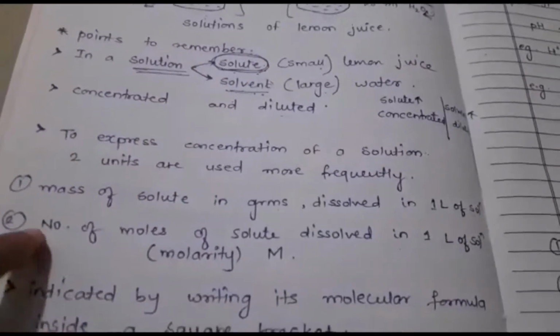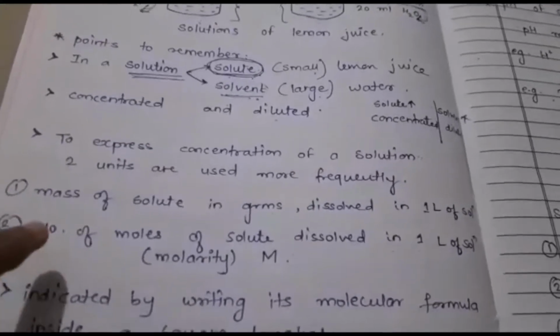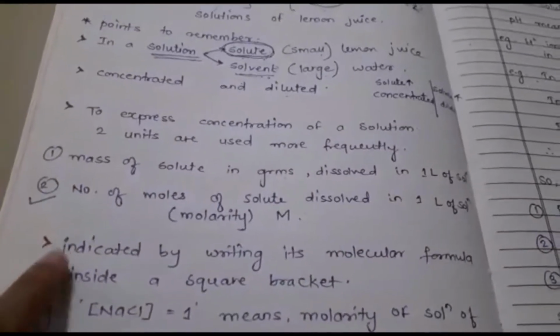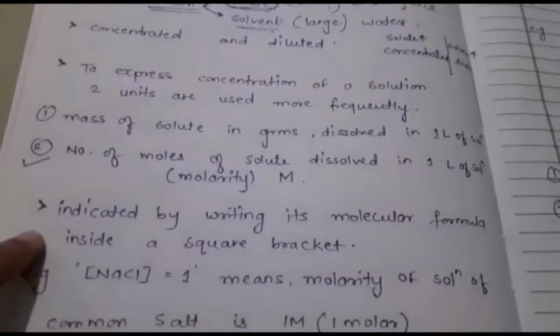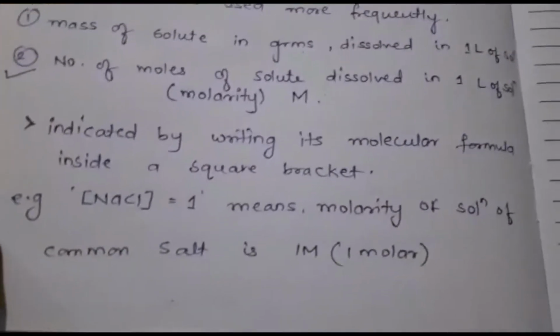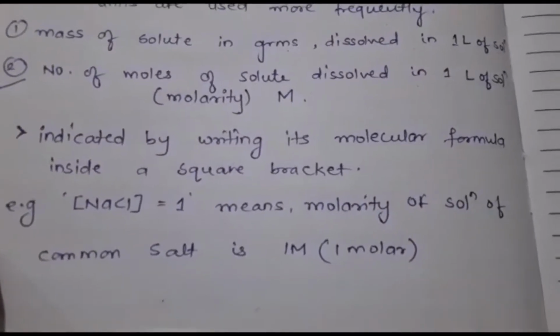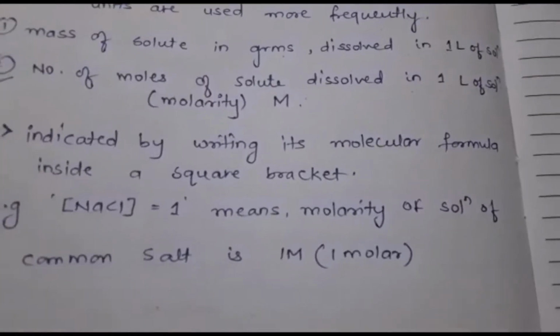The second one is preferred more because molarity is easy to measure for any solution. Molarity is indicated by writing its molecular formula inside a square bracket. Example: NaCl equals 1. It means that the molarity of the solution of common salt is 1 molar.